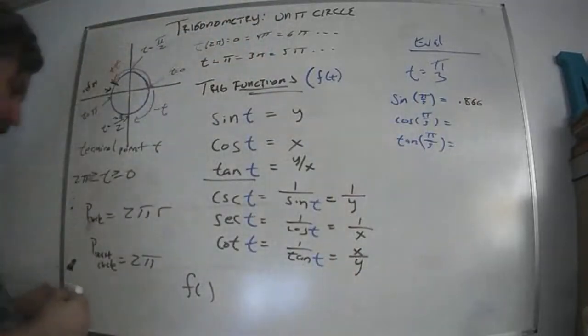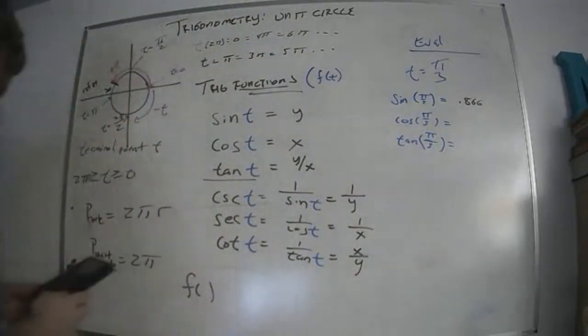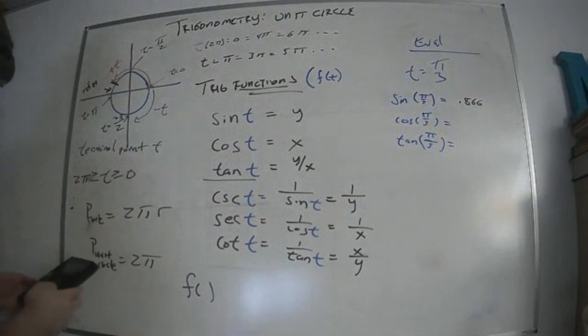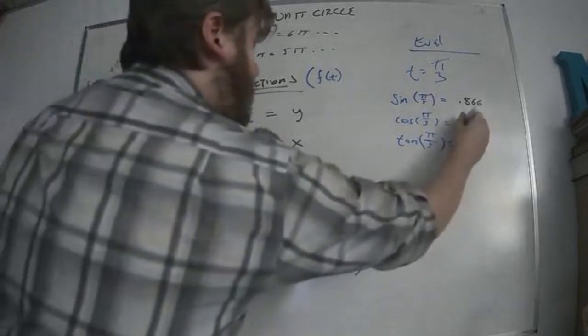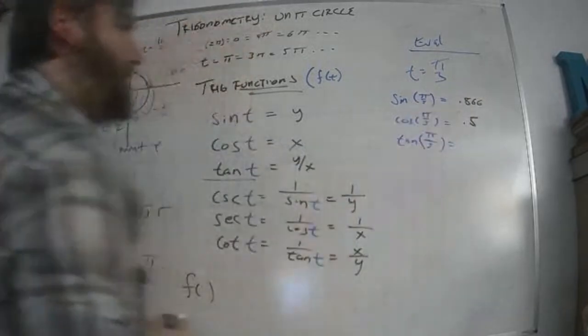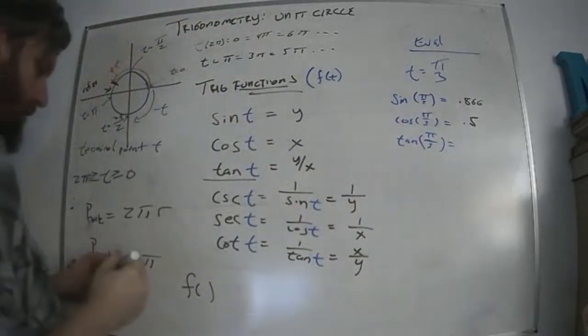If I take the cosine of pi divided by 3, I get 0.5.